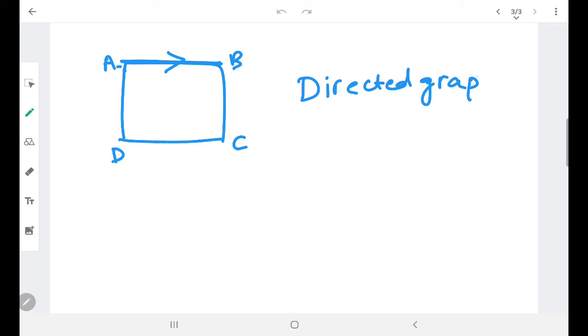I can assign the edges in different ways, B to C, and suppose we have B to D as well. So this is a directed graph where all the edges are assigned a direction.